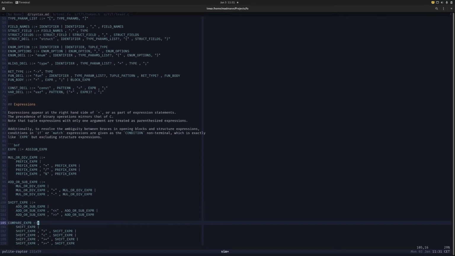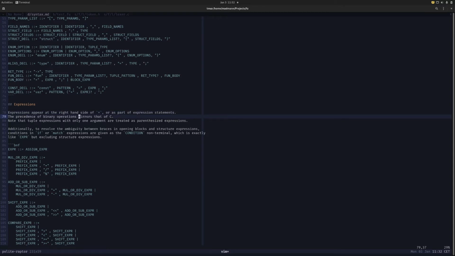Then we have expressions. Expressions are things that yield a value. Contrary to statements, statements do not yield a value, but expressions can appear essentially everywhere inside a part which expects an expression, like the right-hand side of the equal sign. So for instance, there are statements like when you assign something to a variable, you say I is equal to 3 semicolon. That's in fact an expression embedded inside a statement.